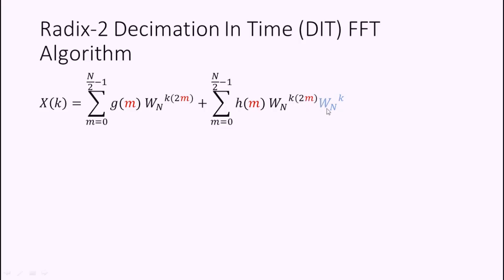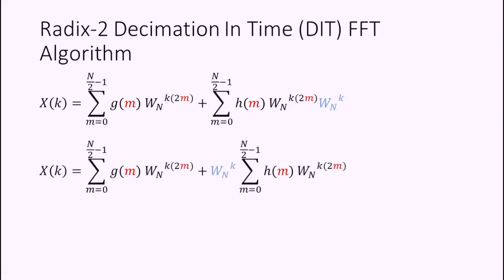Because W_N to the power k does not depend on m, we can extract it outside from the summation, and X(k) is written as summation of m = 0 to N/2 minus 1 of g(m) W_N to the power k2m, plus W_N to the power k times summation of m = 0 to N/2 minus 1 of h(m) W_N to the power k2m.